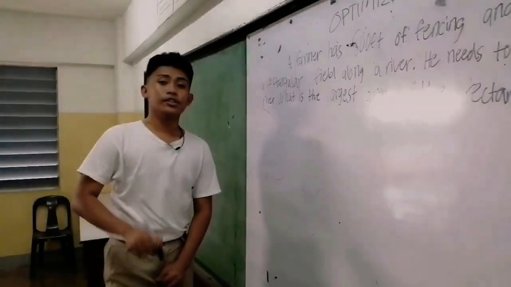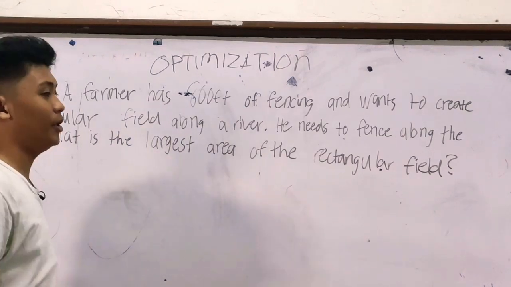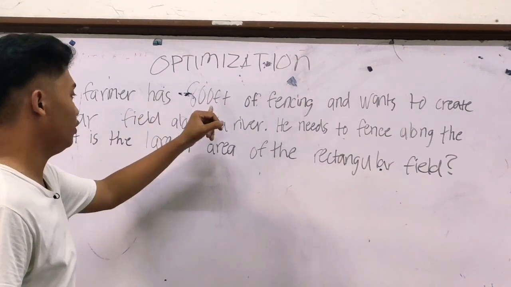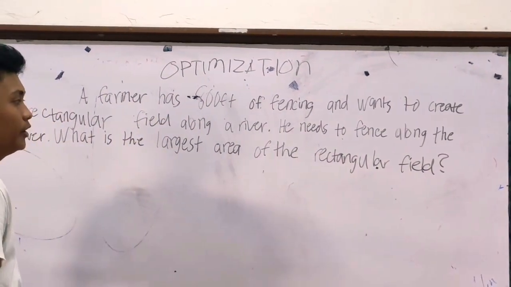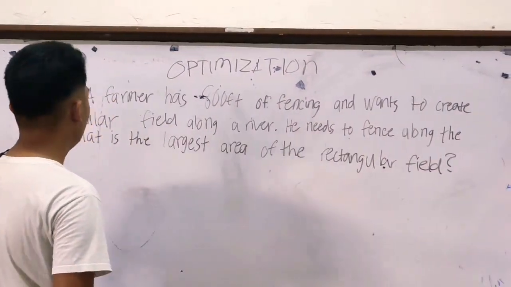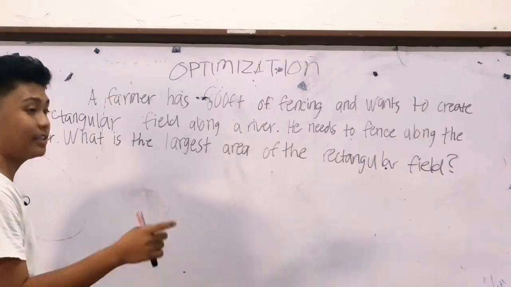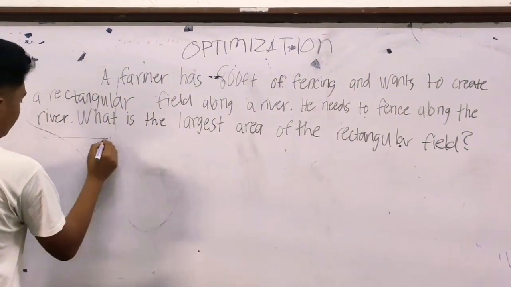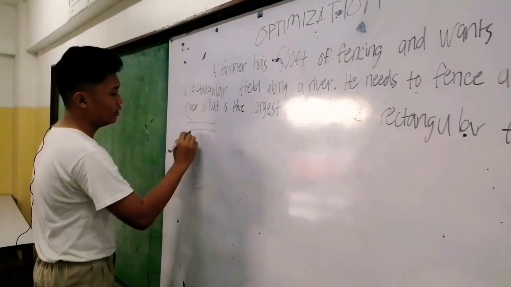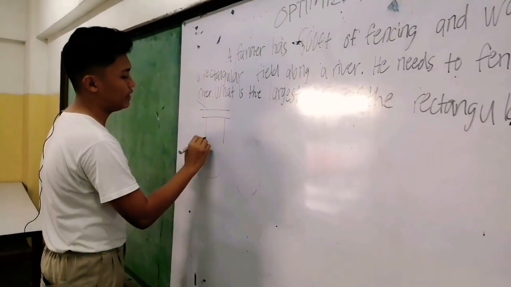That's it. So Ramon, the second problem is a farmer has 800 feet of fencing and wants to create a rectangular field along a river. He needs to fence along the river. What is the largest area of the rectangular field? First, we have to sketch the river. Second, we have to sketch the perimeter of the fence.